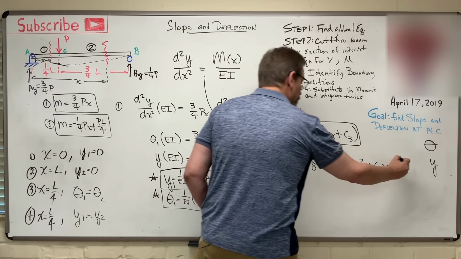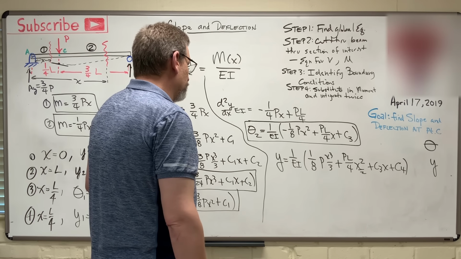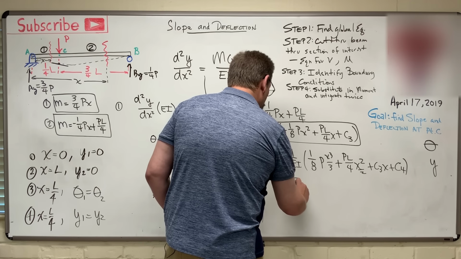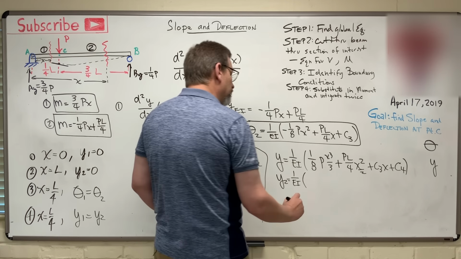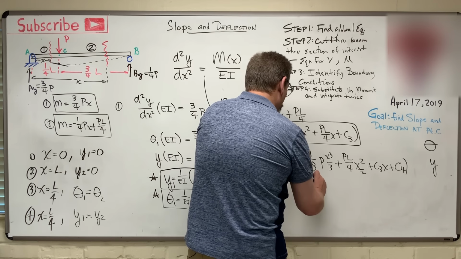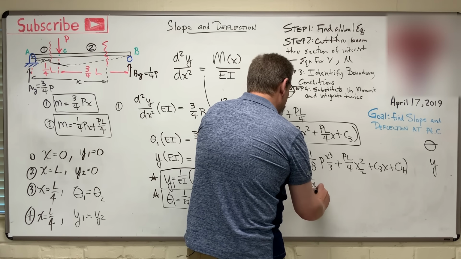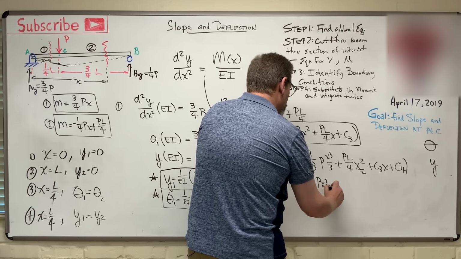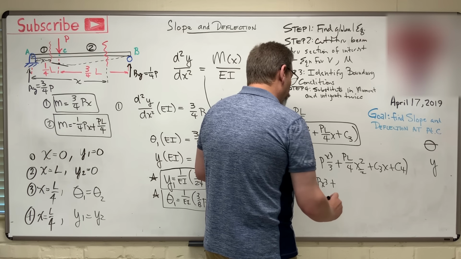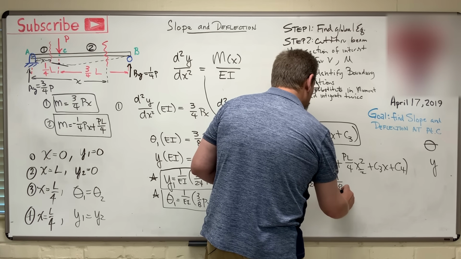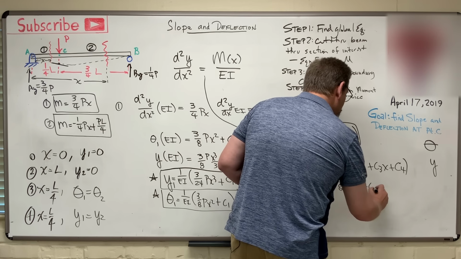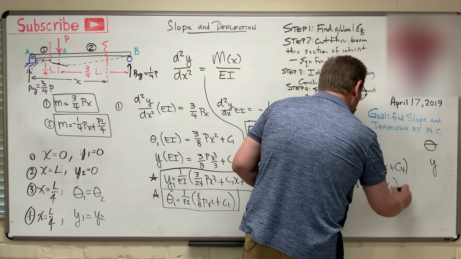And so y2 is equal to 1 over EI of, oh my goodness, I forgot my negative. Negative 1/24 px cubed plus 1/8 PLx squared plus c3x plus c4.